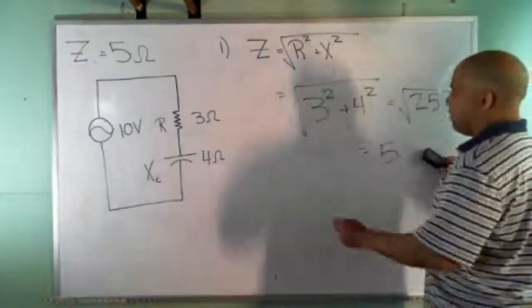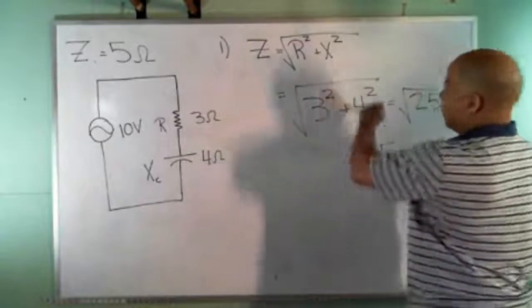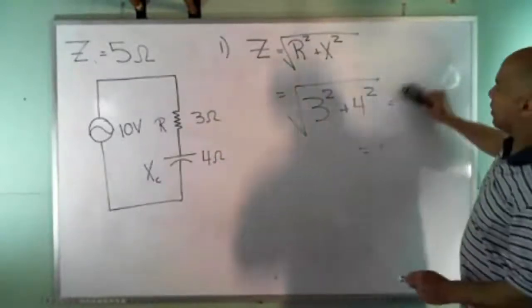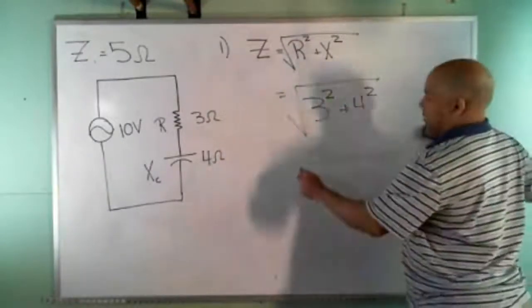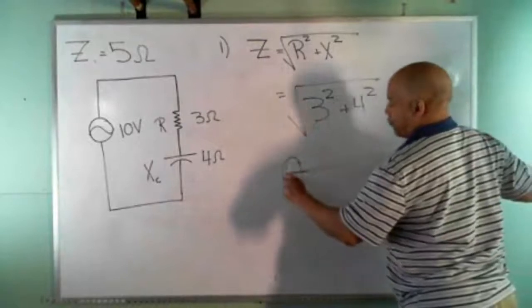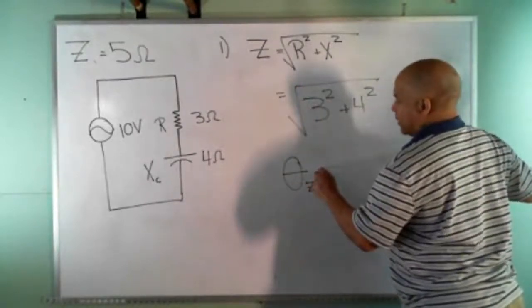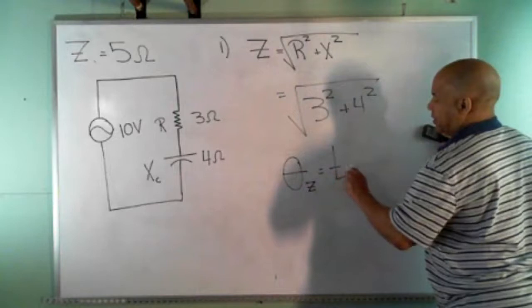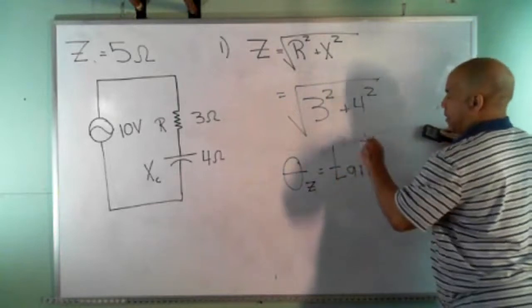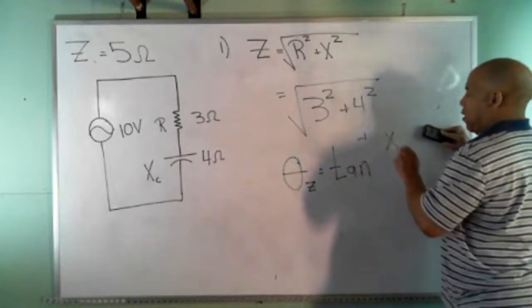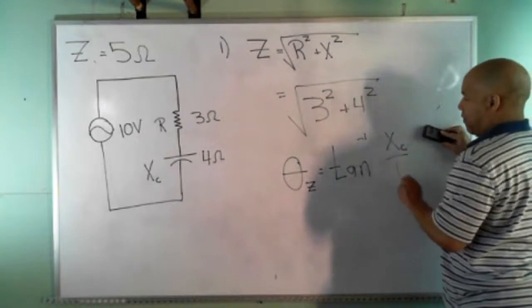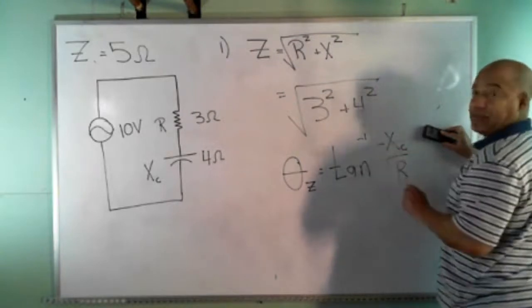So if I want to find theta Z, I'm going to erase this, so you can go back and look at the video. Theta Z is the inverse tangent of the X part, XC, over R, and remember to put the negative sign there.